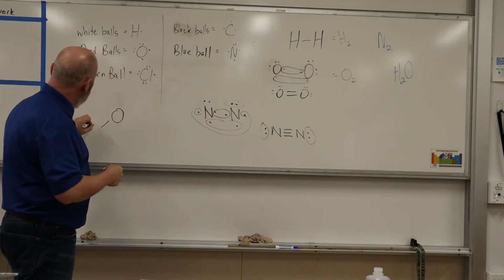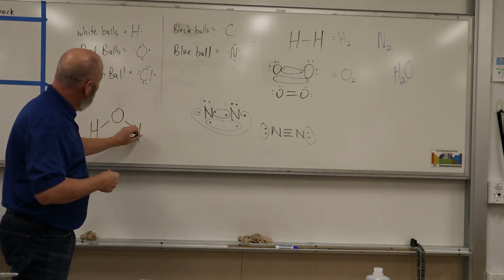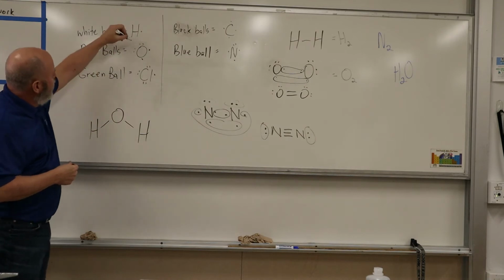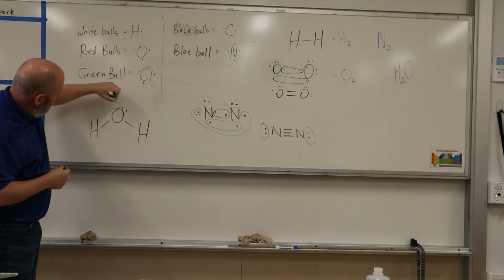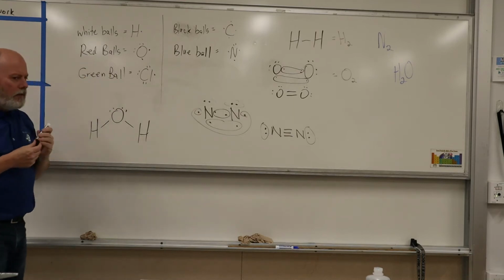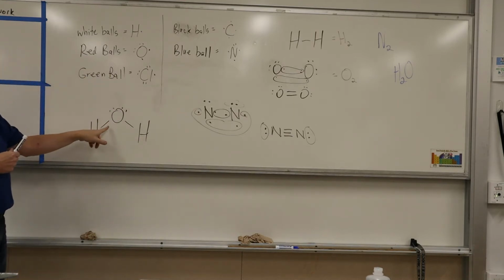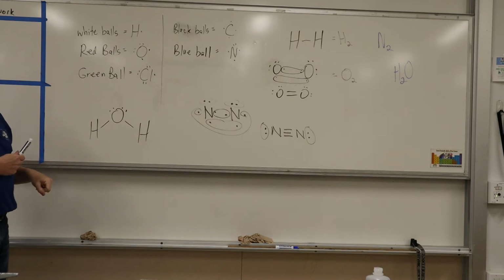You could draw it like this. Remember, oxygen has these pairs, so you've got to put them on there somewhere. You can see oxygen has 2, 4, 6, 8 around it, while the hydrogens are happy with their 2.